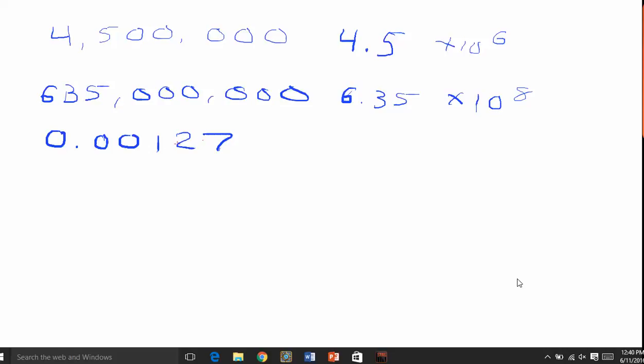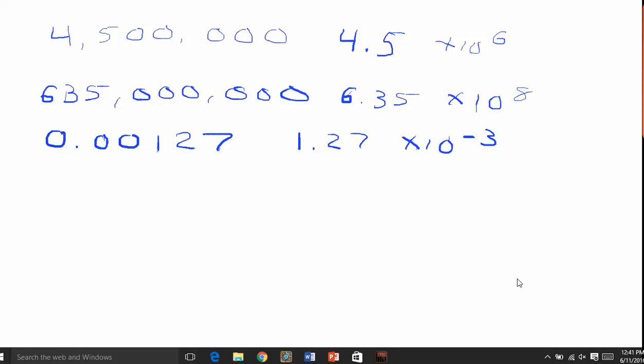So I'm going to keep these numbers here, and I'm going to write 1.27. This time I have to move the decimal in this direction to get back to my starting point. So since the decimal is right here in 1.27, I'm going to go 1, 2, 3. But since I'm moving to the left this time, I need to use a negative 3. And then these two numbers are equivalent.